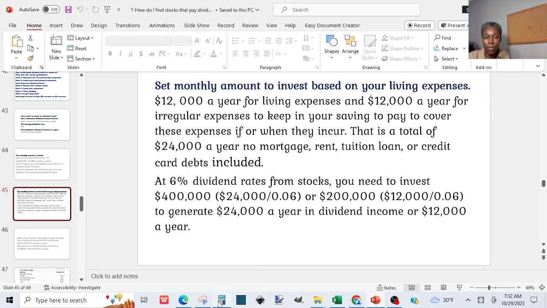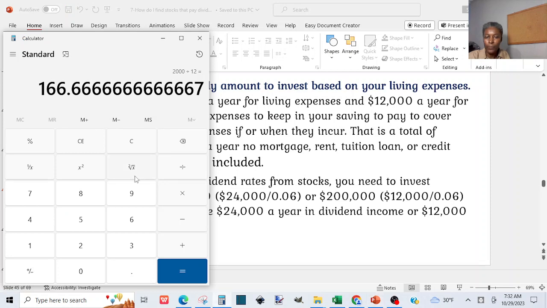So the things work like this. If you need $1,000 for your basic living expenses, times 12 will give you $12,000. Divided by 0.06, if you have 6% stocks to invest in, that's $200,000 you need to invest to make $12,000 annual dividend income. $200,000 is a lot of money.